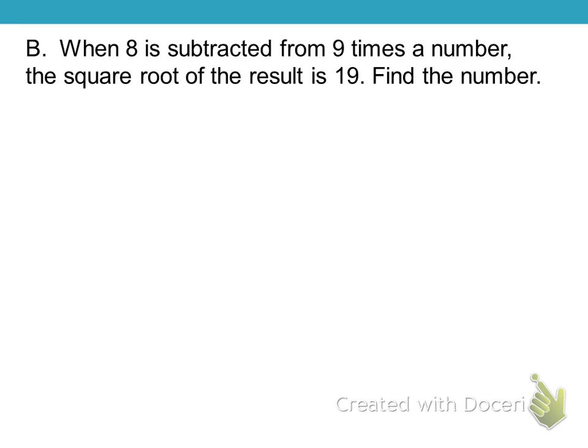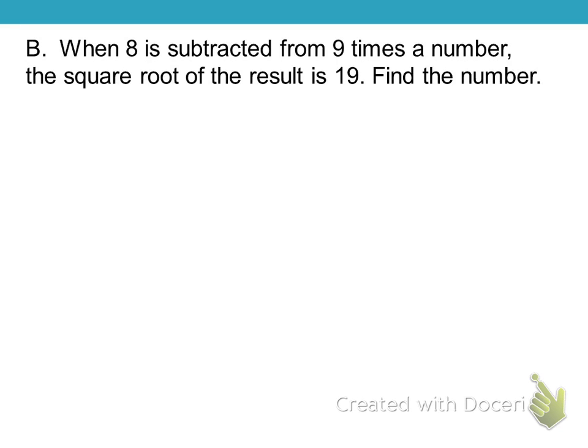Part B. When 8 is subtracted from 9 times a number, the square root of the result is 19. Square root of 9x minus 8. Hold on. Let's just read it again.